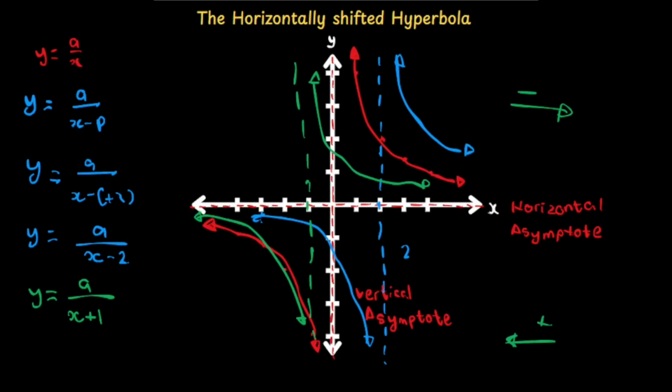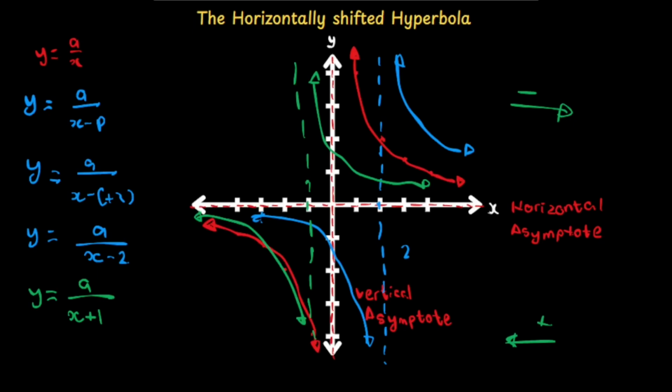So simply put, if you want to find the x value of the vertical asymptote, you would have to look at the p-value and multiply it by -1. Or rather, you would have to look at the value that's being added or subtracted to x and multiply it by -1 in order to obtain p. I think that's better worded, right? So that is just the x value of the vertical asymptote.